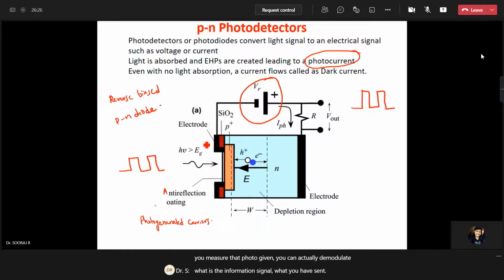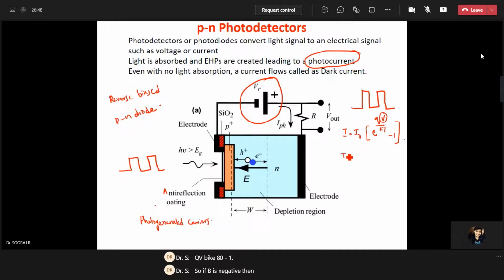So a photodiode or a photodetector is nothing but a reverse bias PN diode. You know that in a reverse bias PN diode, the current expression is I equals I naught times exponential of QV by KT minus 1. If V is negative, then this current I becomes approximately equal to I naught.